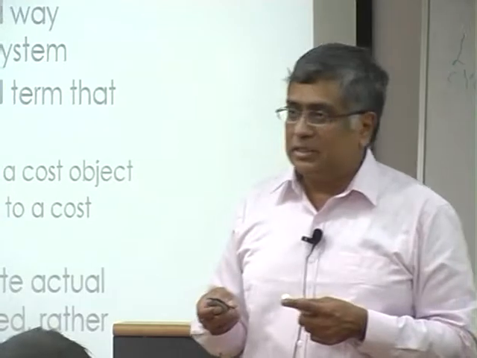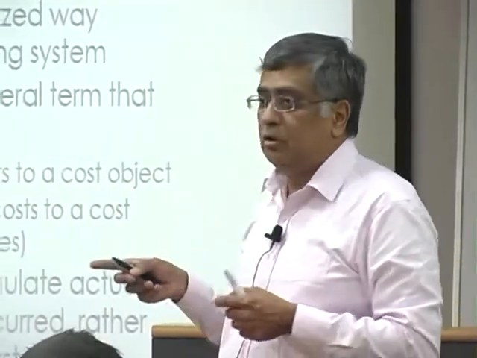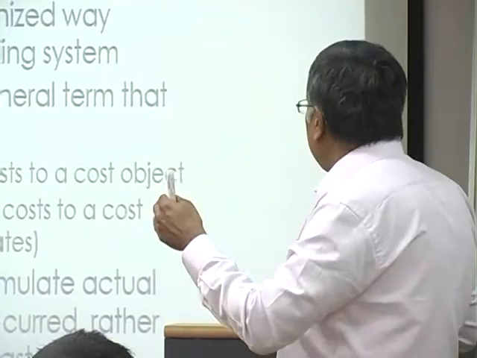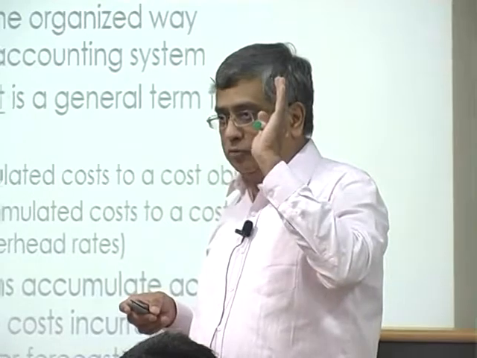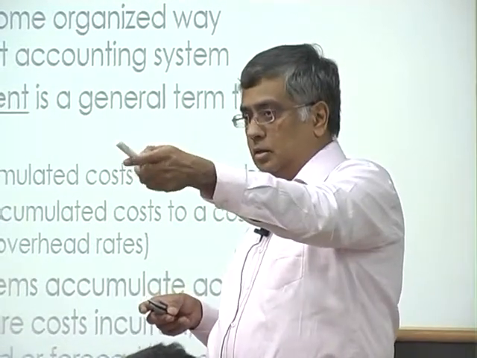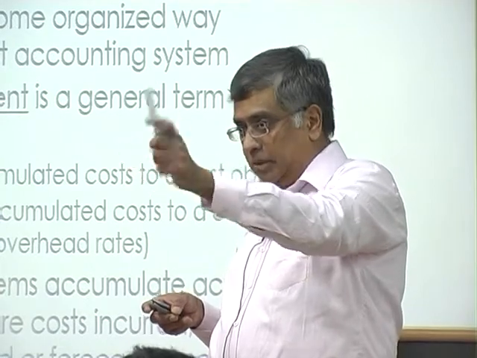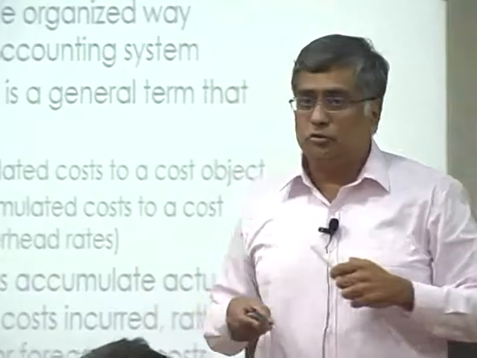Then comes cost assignment. If you can trace the accumulated cost or some portion of that to a cost object, that is called the direct cost. I can do it for all the cost objects, product costing, and you asked the question about services. Same thing about services, okay? You can assign it to the services.